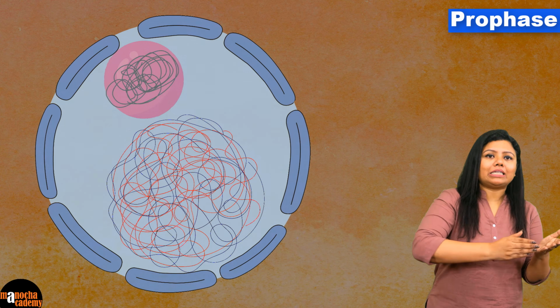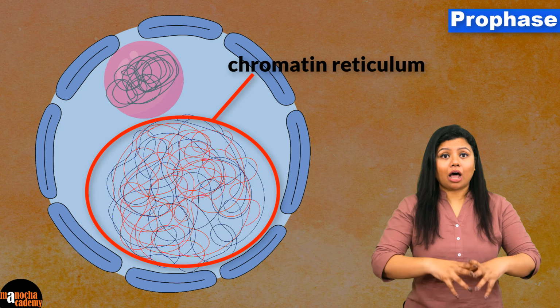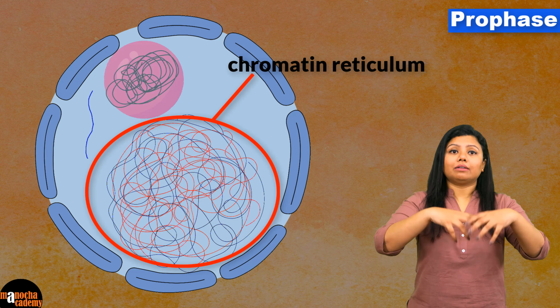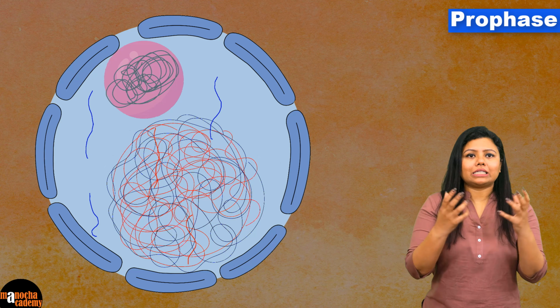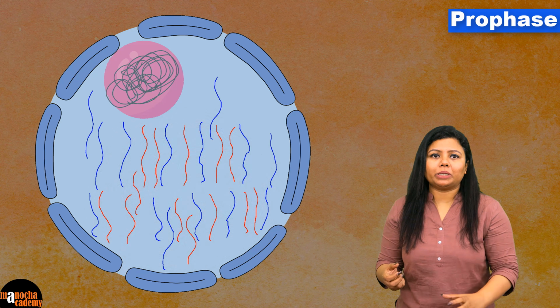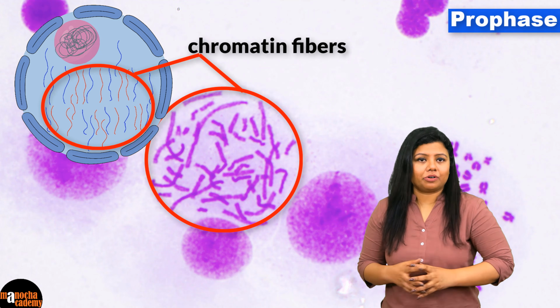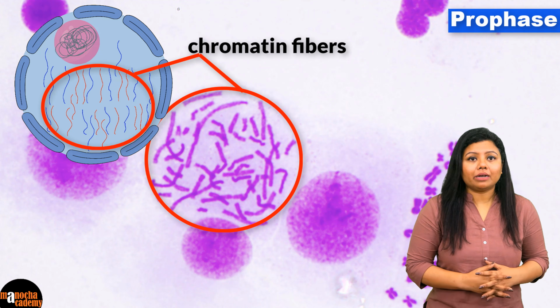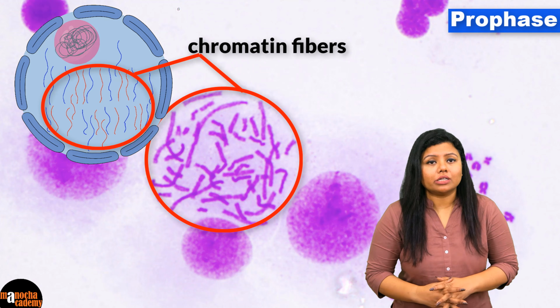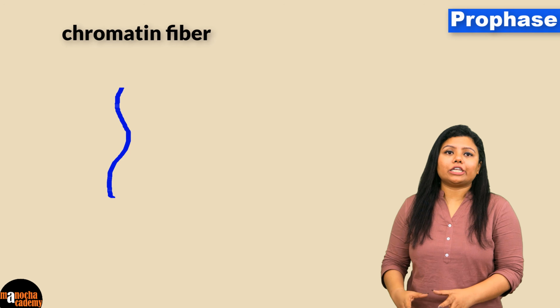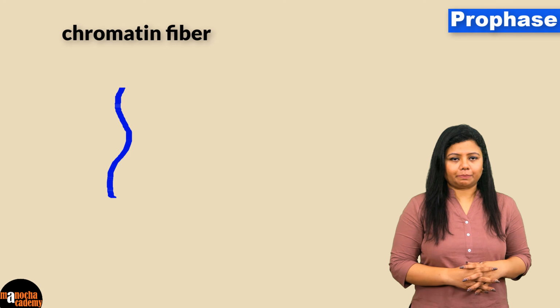So from chromatin reticulum, now the reticular, that is the network, slowly starts forming individual chromatin fibers. Why does this happen? This happens because of the condensation of the chromatin fibers.